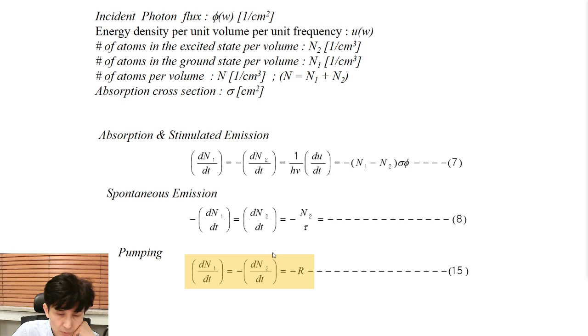This is to have conservation of the total number of atoms. We always have dn1 over dt equal to minus dn2 over dt, and the variation of this is represented by the pumping rate R.